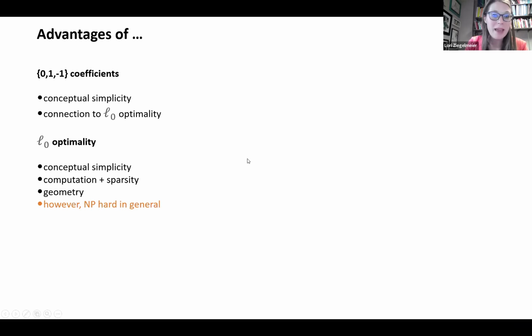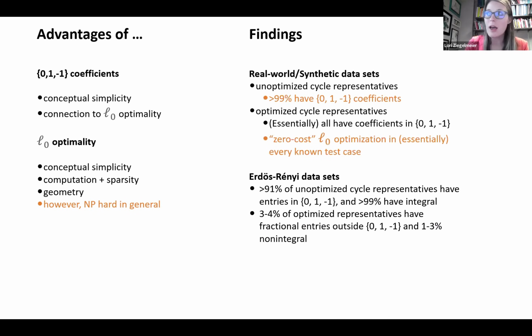So what's amazing is that when we found all of the unoptimized cycle representatives, most of them already had these nice coefficients. And basically everyone, once you optimize, you could get these nice coefficients. That's true for the real world and synthetic data sets.